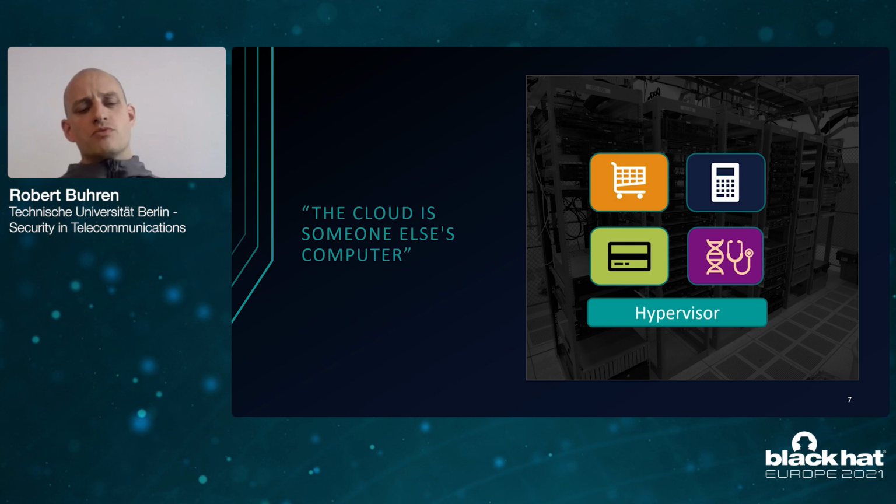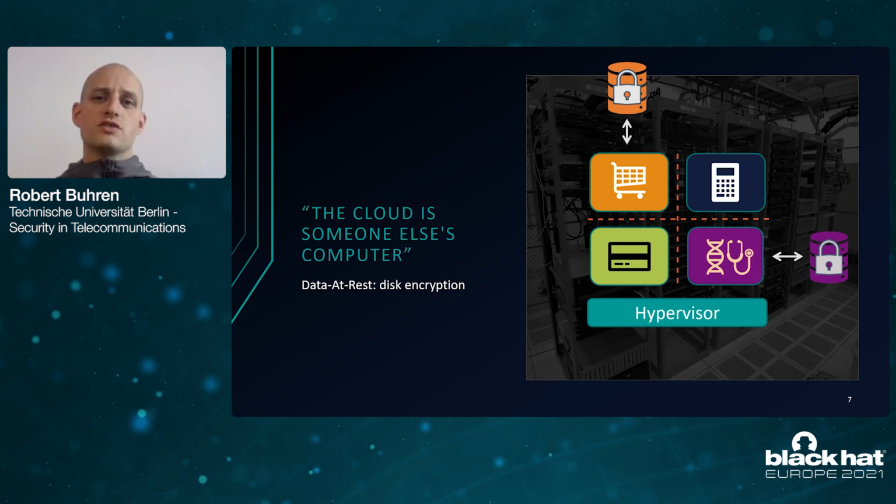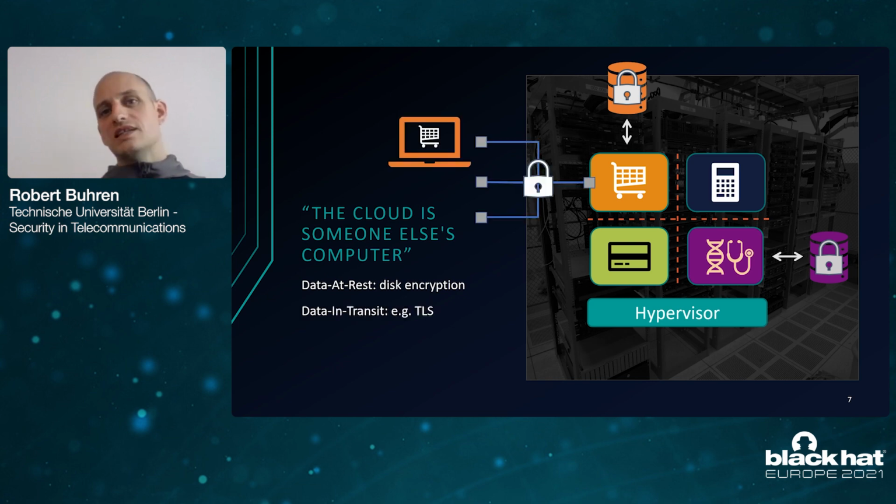I'm sure you have all heard the saying that the cloud is just someone else's computer. If you look at one of the hosts of a cloud system, you will find a highly privileged component called the hypervisor, which is responsible for hosting multiple virtual machines from potentially different tenants. And the hypervisor will ensure the isolation of these different virtual machines in this environment. Now, if you as the customer or user of such a VM want to protect your data in this environment, you can use disk encryption technologies, for example, and that will protect the data which is stored on a block device, so the data at rest.